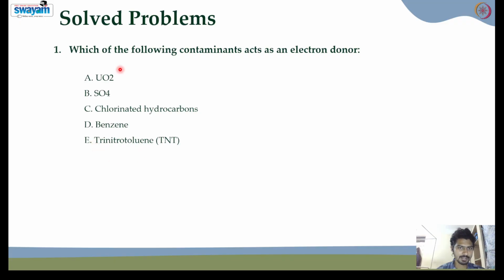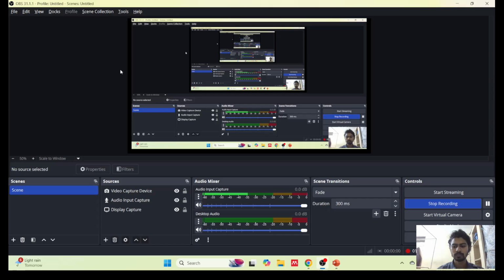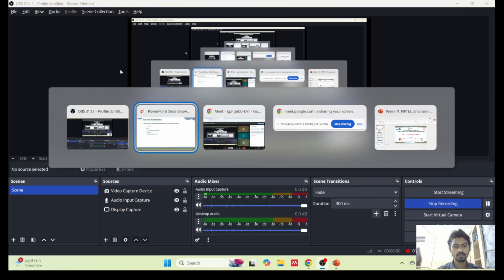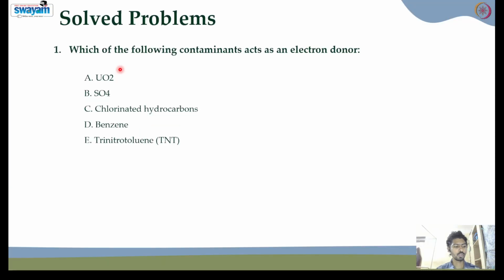So among these, which contaminant acts as an electron donor? You can read out the question and post your answers in the chat box.